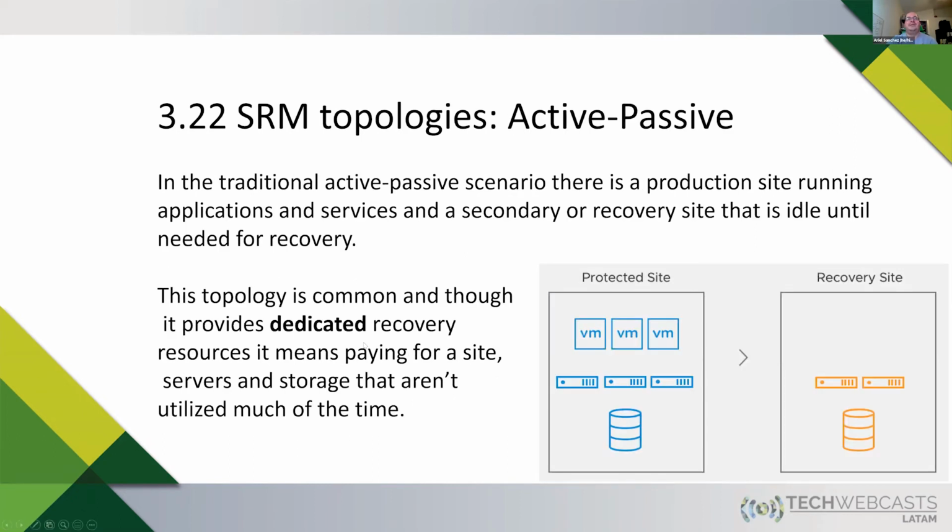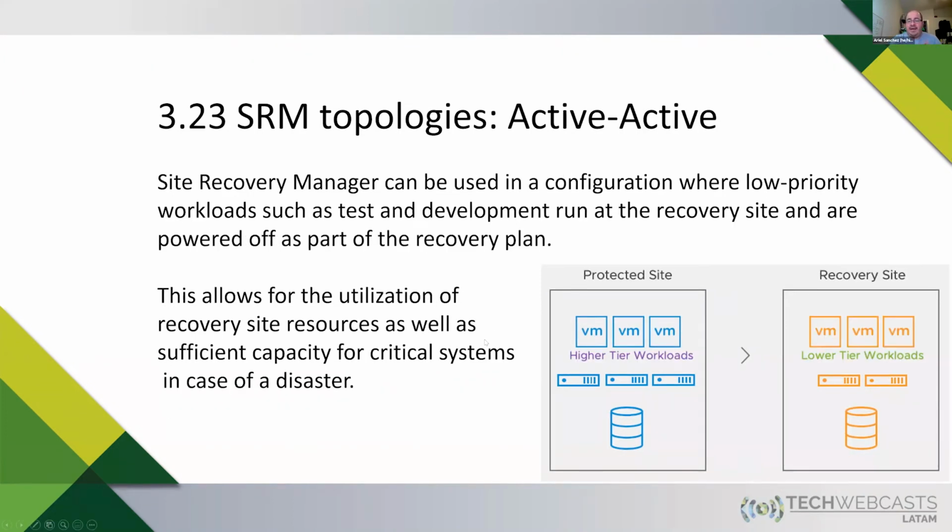So active-passive is probably the most expensive because you have an active site and a recovery site. The recovery site is doing absolutely nothing but waiting for an event. So the resources are there, but the hosts are basically running almost nothing. Active-active is when you actually have workloads running in your recovery site.